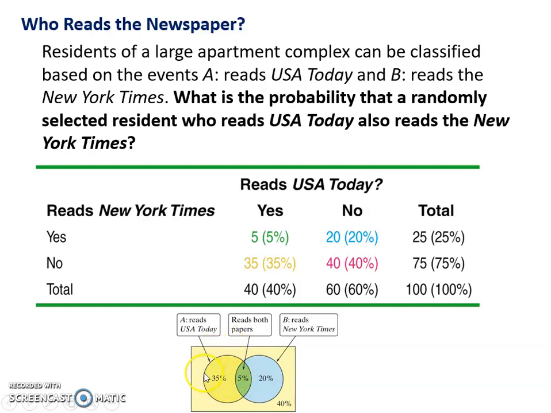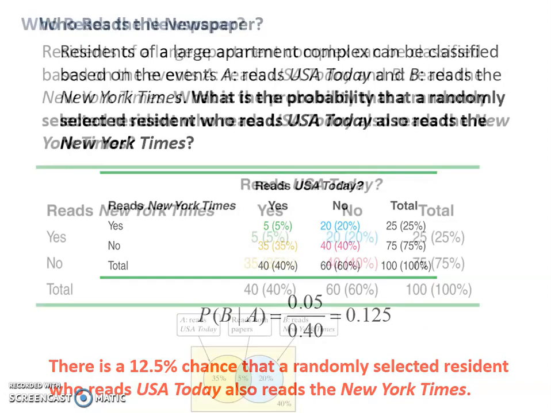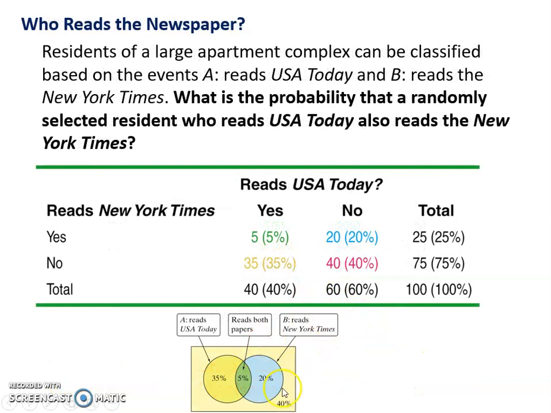And then same thing for USA Today. 40% for USA Today, but only 35 do USA Today but not New York Times. And then 40% read neither. So there's that. In your Venn diagram, though, you don't see your answer of 0.125. That's not there.